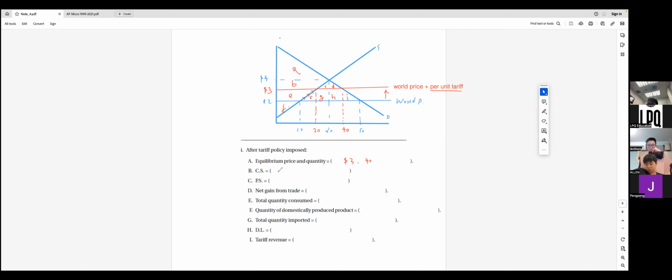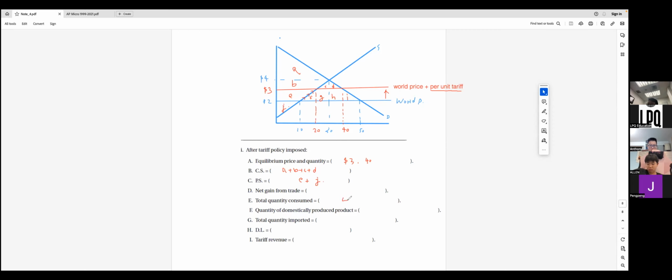Now where is the consumer surplus? The consumer surplus now is A, B, C, and D. Producer surplus is the area above the supply curve at the left-hand side of 20, so E and G. E and G.